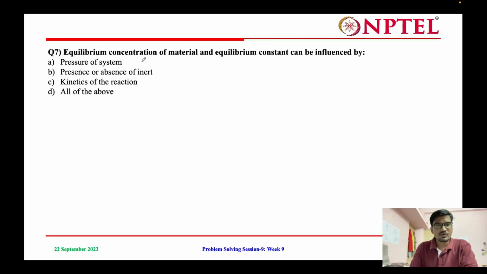Question 7. Equilibrium concentration of material and equilibrium constant can be influenced by. This is the temperature.